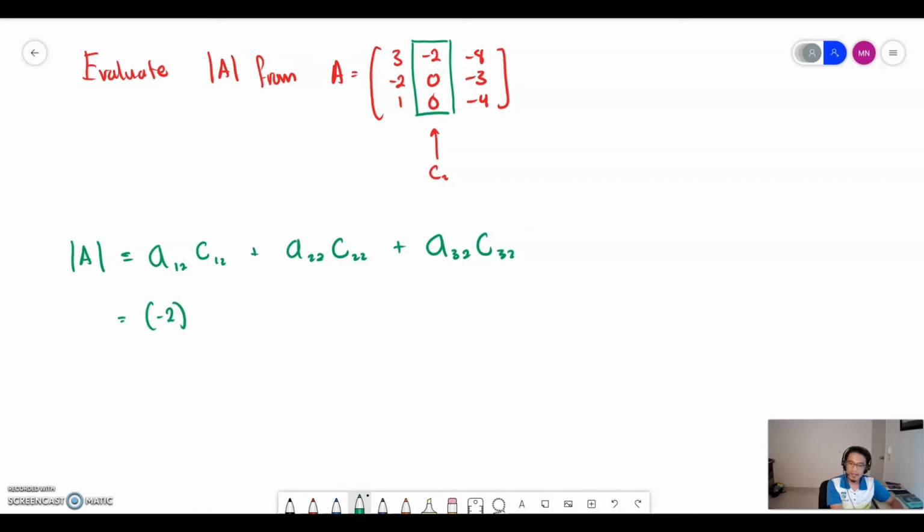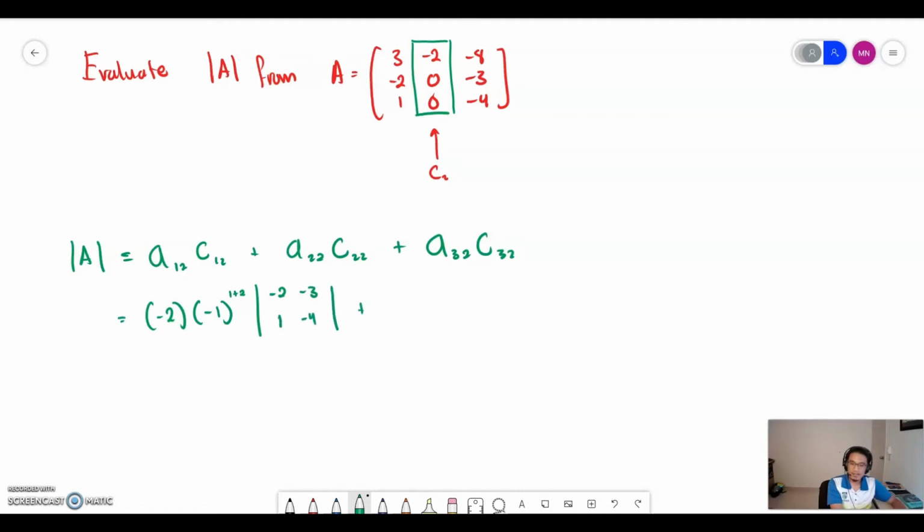Then we do the formula for cofactor: negative 1 to the power of 1 plus 2, then the minor M12. The minor will be negative 2, negative 3, 1 and negative 4.